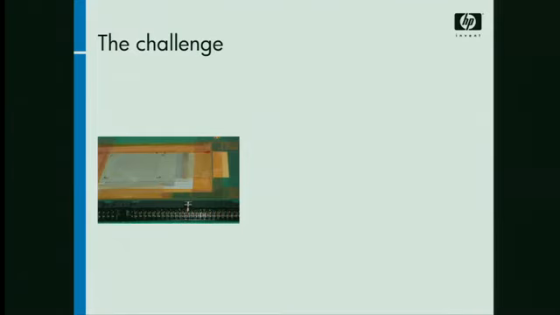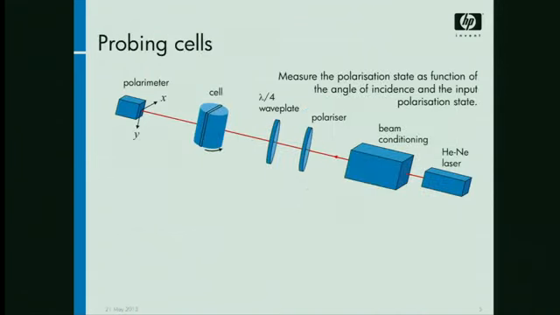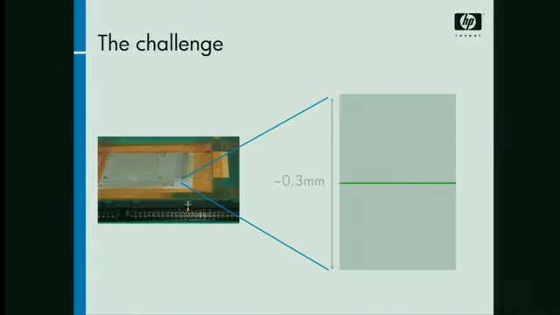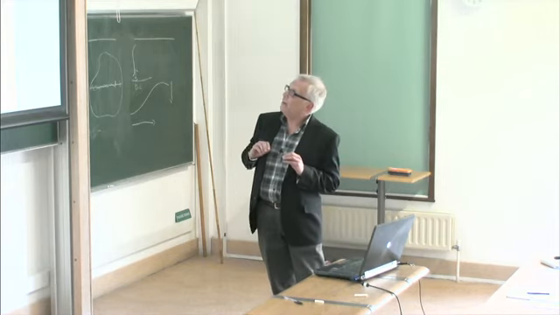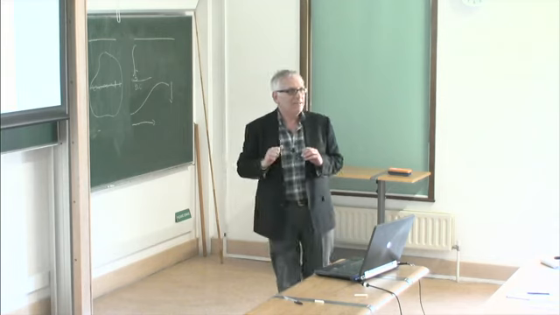So here's the challenge really in terms of a plastic liquid crystal cell. So here's a cell that we've made, and it's 0.3 millimeters thick altogether, and this is more or less to scale, and the little green line is the active part, the liquid crystal, and we want to be able to understand what's happening to the liquid crystal in that cell.